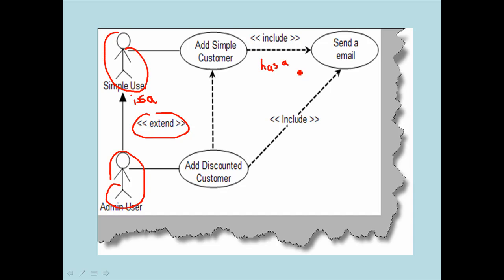My relationship is a has-a relationship. Similarly, a simple customer has a relationship with a send email use case. This is more of an invocation relationship, and that is depicted by using include. So a has-a relationship is depicted by using include, while an is-a relationship is depicted by using extend.